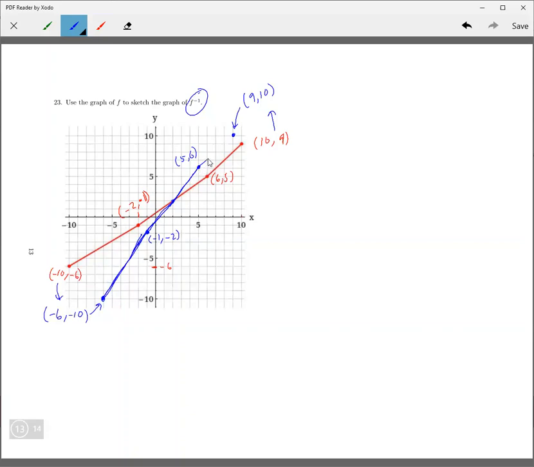So draw a third line segment between 5, 6 and 9, 10, and that will be the inverse. Basically, you're going to do three line segments, including the endpoints.